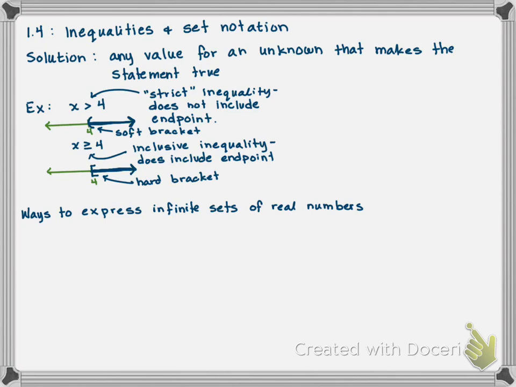We have other ways to express finite sets, which are sets where you can list what's in there. Like the set 1, 2, 3 is a finite set because it contains 3 numbers. Whereas the set of all numbers greater than 4 is an infinite set because there's an infinite number of values that are greater than 4, right? So we're just talking about sets right now that we can express with inequalities, which always contain an infinite number of values.